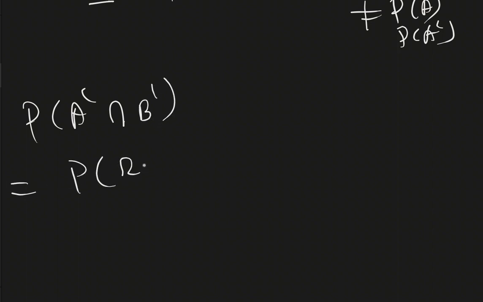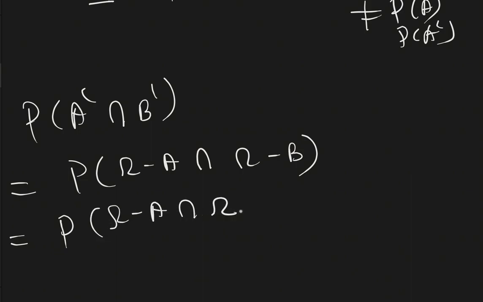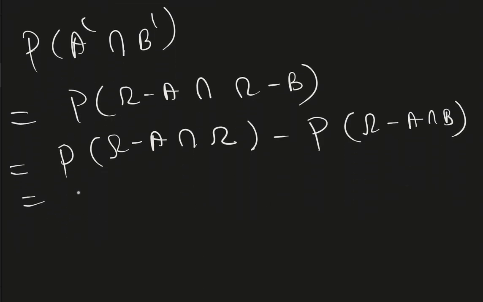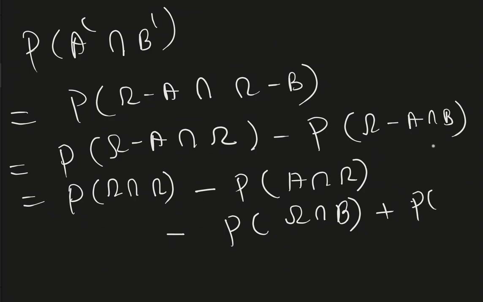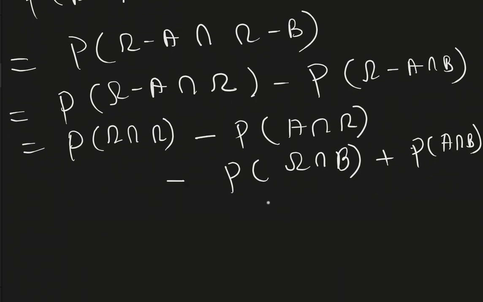So P of whole space minus A, whole space minus B, means P of whole space minus P of whole space intersection A, minus P of A intersection whole space, similarly P of whole space intersection B, plus P of A intersection B. Okay. So this is 1 because whole space intersection is whole space.